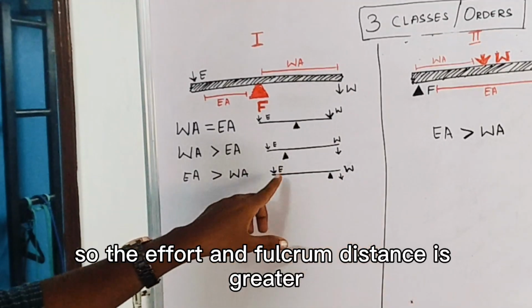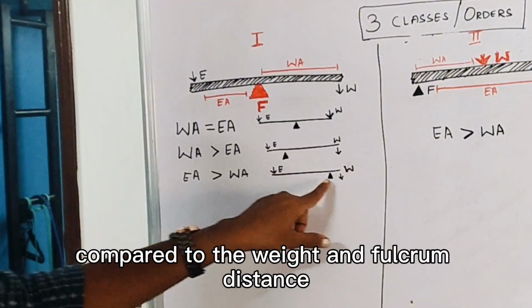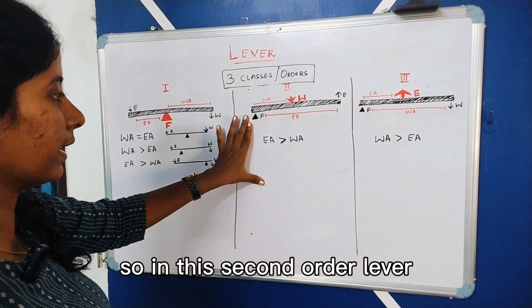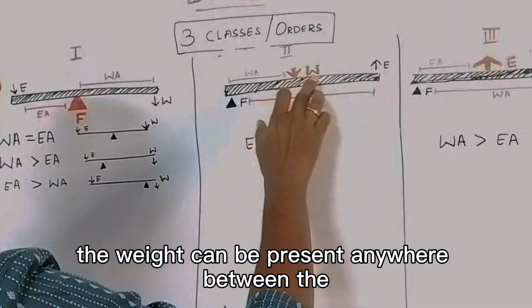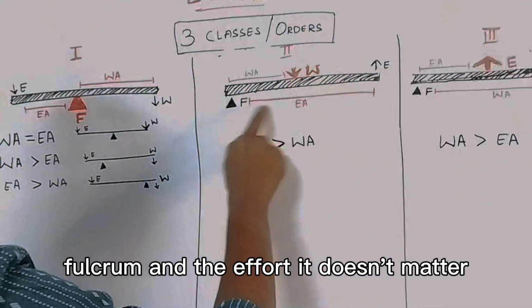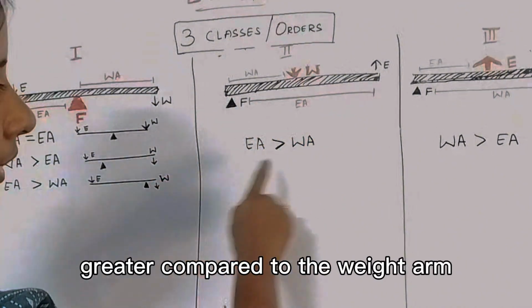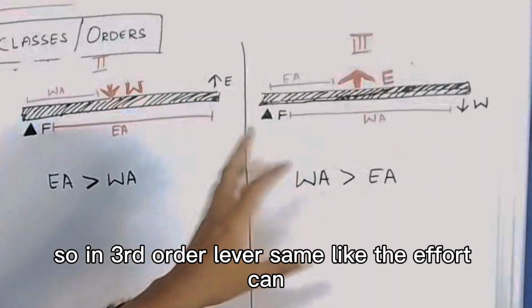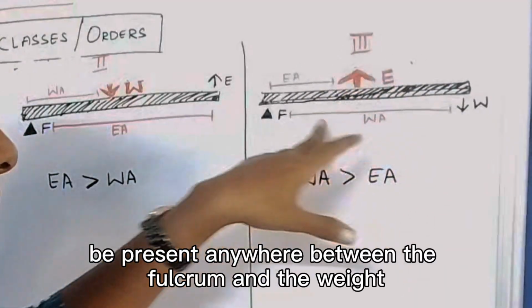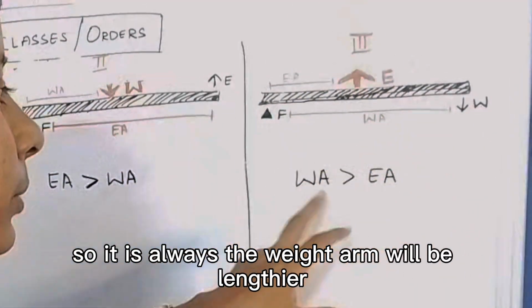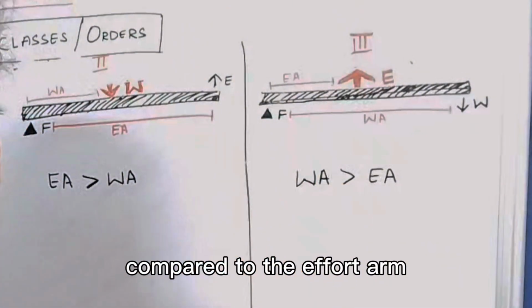In a second order lever, the weight can be present anywhere between fulcrum and effort, and it doesn't matter, the effort arm will be greater than the weight arm. In a third order lever, the effort can be present anywhere between the fulcrum and weight, so the weight arm is always lengthier than the effort arm.